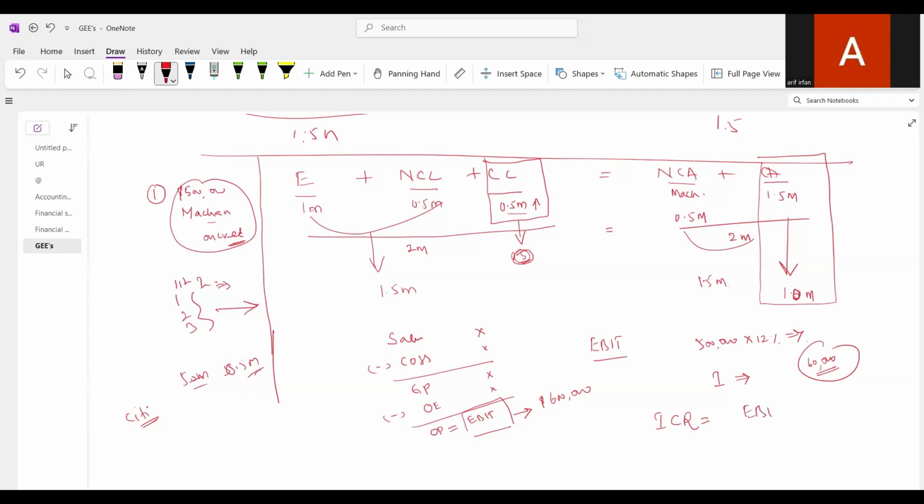EBIT by interest. If you are a banker, will you give a loan to me if this is my status?